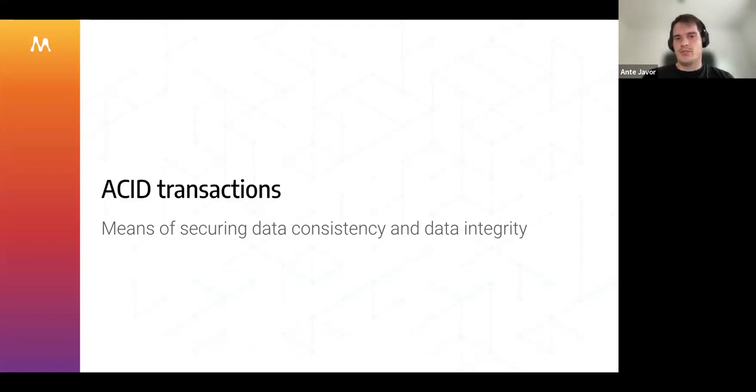As I said, it is important from a data consistency and data integrity perspective. There are solutions that don't satisfy ACID transactions or some of the ACID properties and only partially implement some of them, but this depends on the type of software we are talking about. So essentially, being an ACID compliant database is always a good thing. For example, Memgraph is an ACID compliant database.